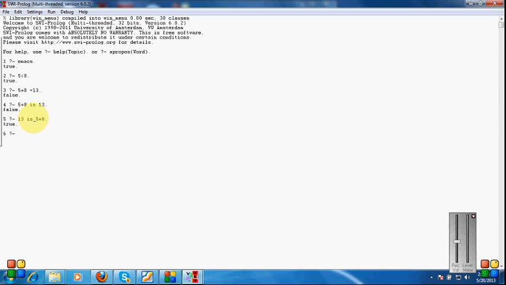It is not arithmetic matching; 13 should be visibly equal to 13, not arithmetically. So only the arithmetic part is done on the right. 5 plus 8 is evaluated to 13, and 13 contains a 1 and a 3, the same structure as this 13. That is why the answer is coming true.